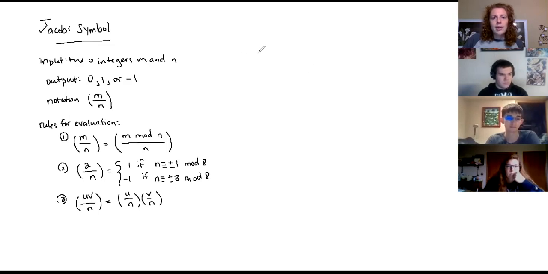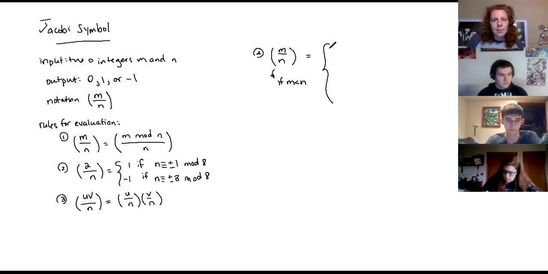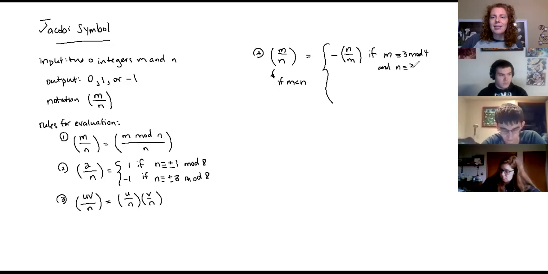Number 4 is probably the most important one for evaluating. If you want to evaluate the Jacobi symbol of m over n, and this is if m is less than n, this is a piecewise function. It's a little complicated. It is the reciprocal, so negative n over m, if 2 things happen: m is congruent to 3 mod 4, and n is congruent to 3 mod 4.